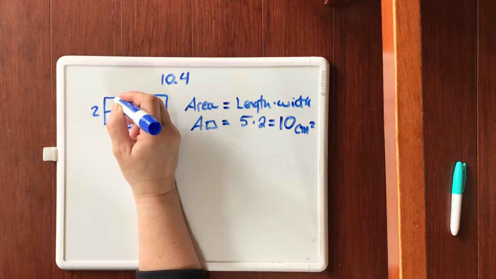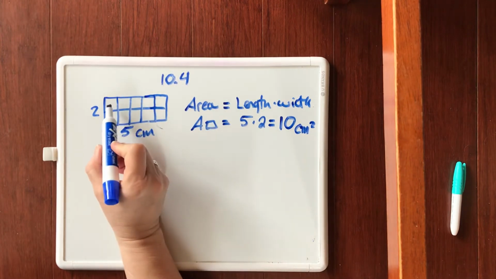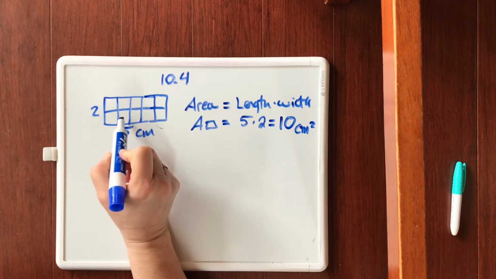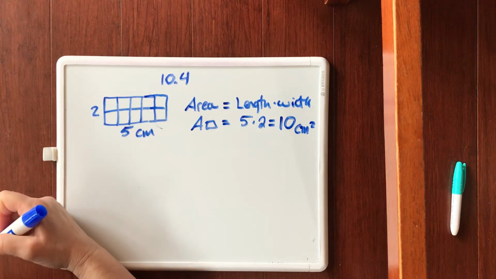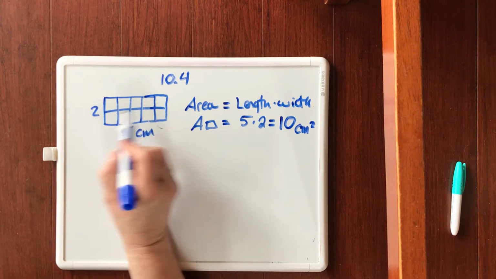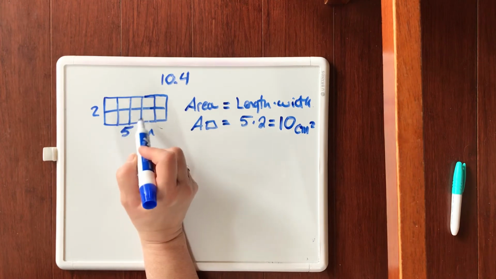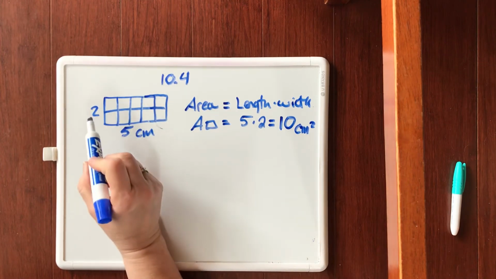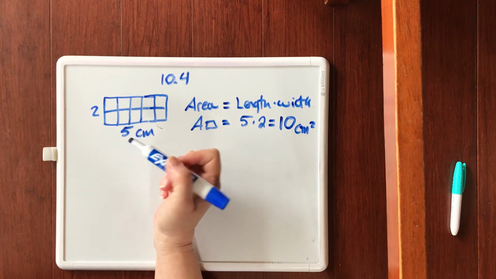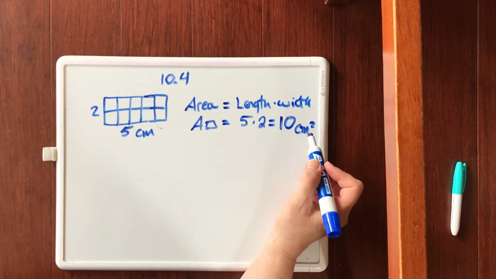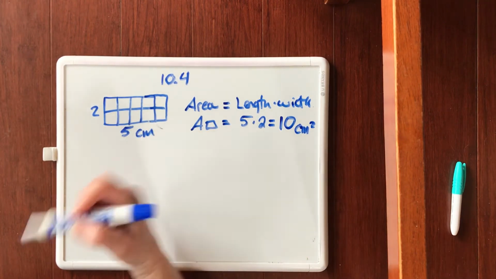And you'll notice we have 1, 2, 3, 4, 5, 6, 7, 8, 9, 10 squares inside. This split up into 2 rows, and this split up into 5 columns. 2 times 5 is 10. And so we answer centimeters squared because there's squares in here.